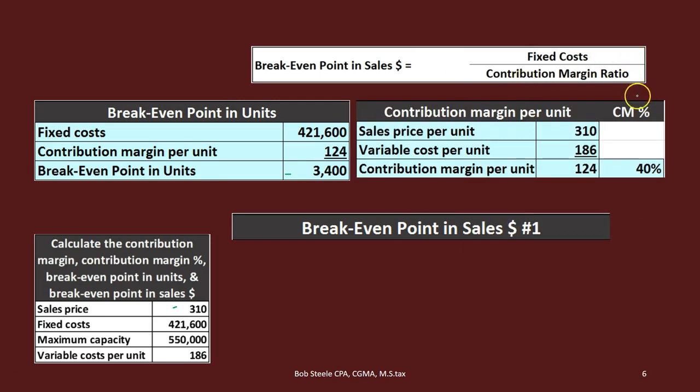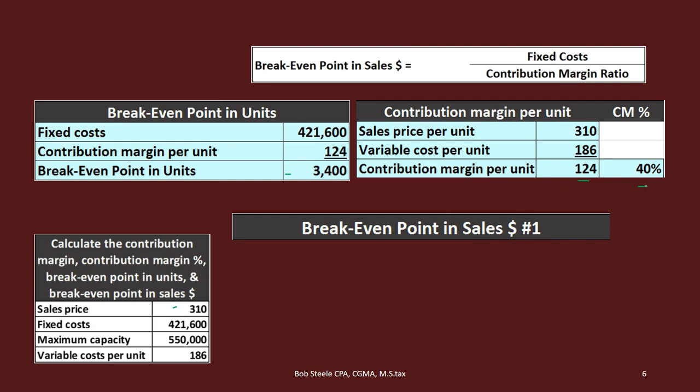Remember, we calculated that prior. I called it the contribution margin percent over here. That was the sales price per unit minus the variable cost per unit, which gives us the contribution margin per unit. The contribution margin per unit divided by the sales price per unit gives us that 0.4 or 40%. That's the contribution margin percent or the contribution margin ratio.